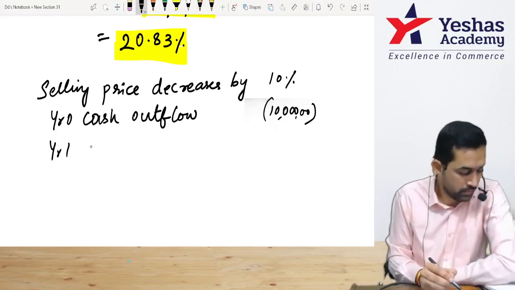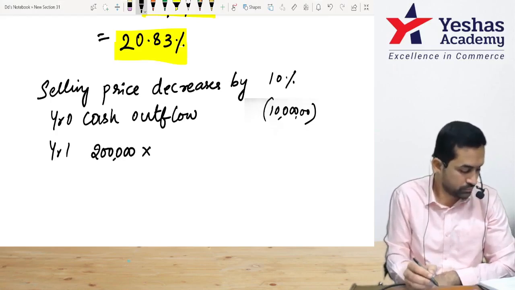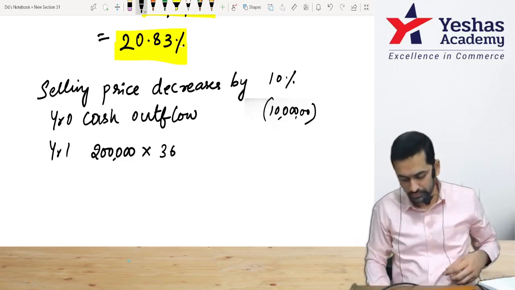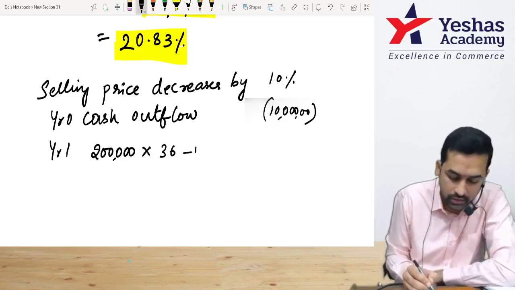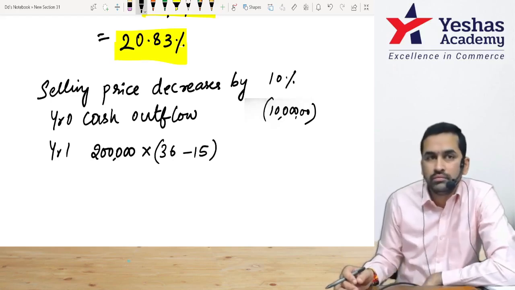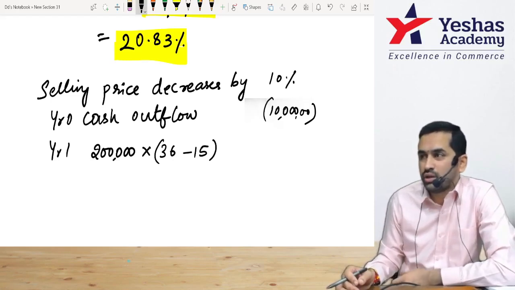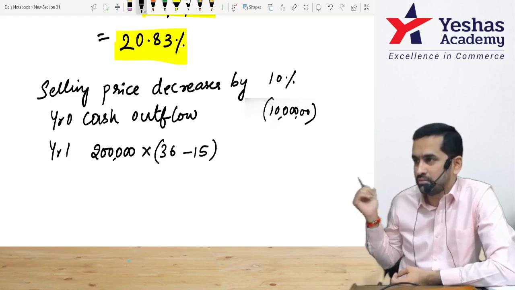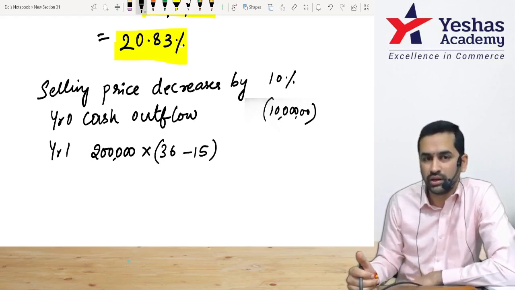Year 1, 2 lakh units into 40 will become 36. Variable cost per unit won't change. Correct? You are giving a discount to your customer. That doesn't mean you will get a discount from your supplier. So selling price going down is not equal to variable cost going down.